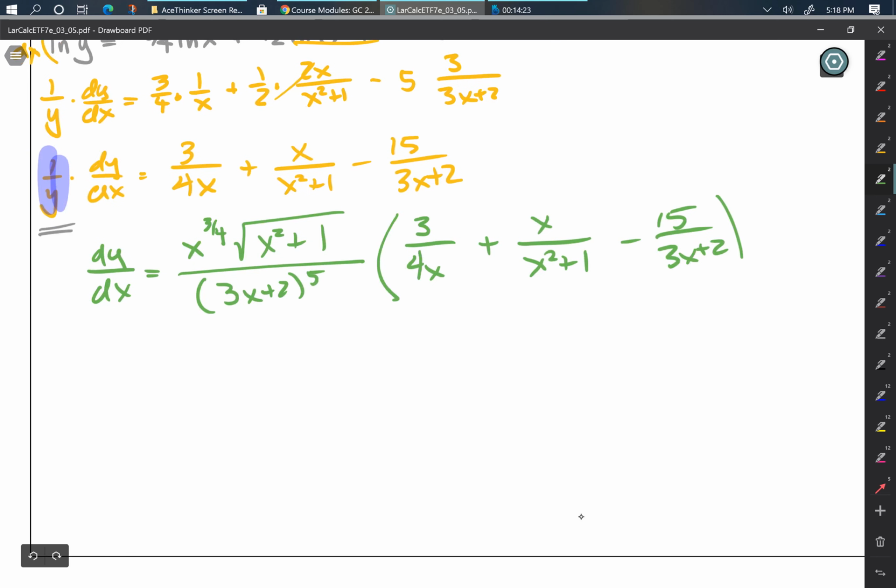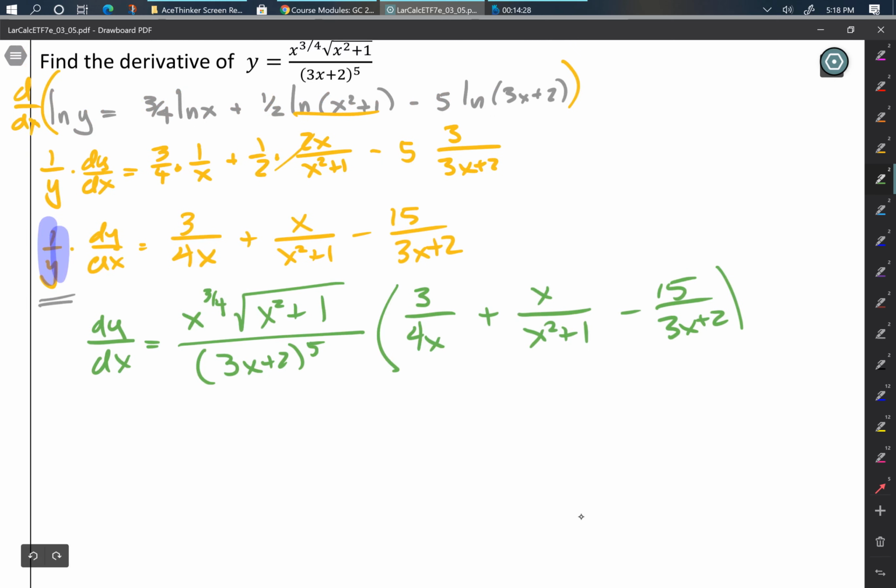And there's my implicit differentiation trick for taking the derivative of something big and nasty and ugly.